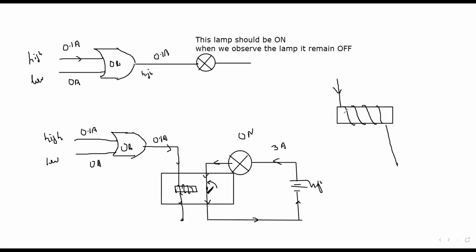As there is a current passing through this coil, using the right hand grip rule you can identify the magnetic pole. When you hold the wire with your fingers in the direction of the current, the thumb will represent north. So north is towards the right and south is towards the left. So this part is behaving like a magnet.